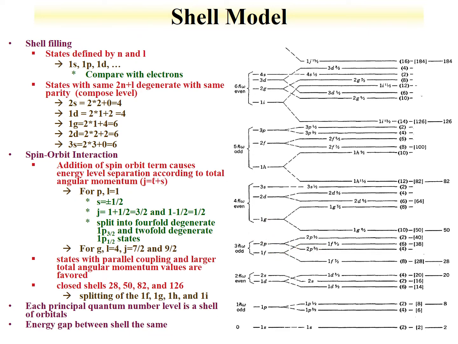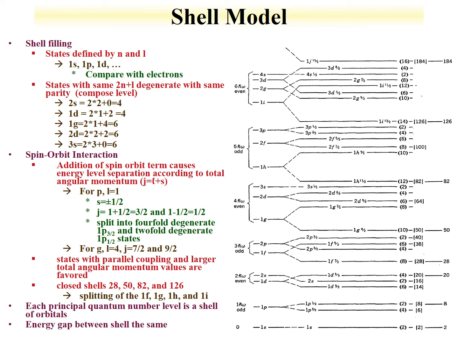So there's a variation in behavior of the shell model with the electron model. When we look at these states, we know that there are some states which are degenerate, so we can group some energy levels together.